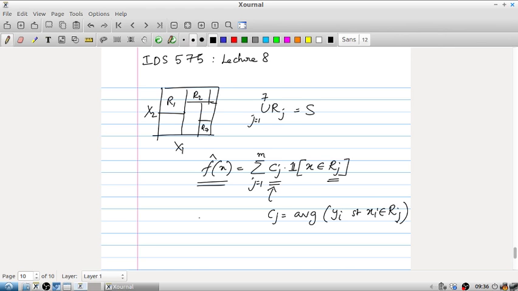So just collect all the x observations which belong to that region, and take the average of the y's corresponding to those x's. Or, for classification, you can take Cj to be the majority of all the labels Gi such that xi belongs to the region. A fairly intuitive notion of defining a regression function or a classifier.